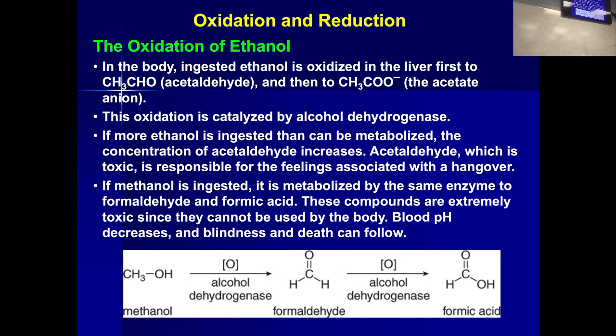And then formaldehyde gets further oxidized to formic acid. Okay? What do you all know about formaldehyde from your general biology classes in high school? It's a preservative. What do you think preserve means? Living or dead? Dead. Right? You put frogs in formaldehyde to keep their dead bodies from decomposing.